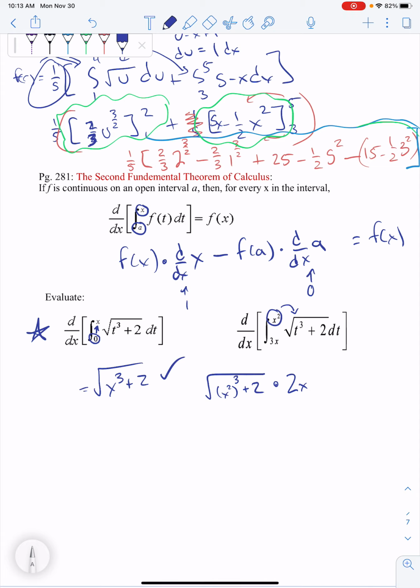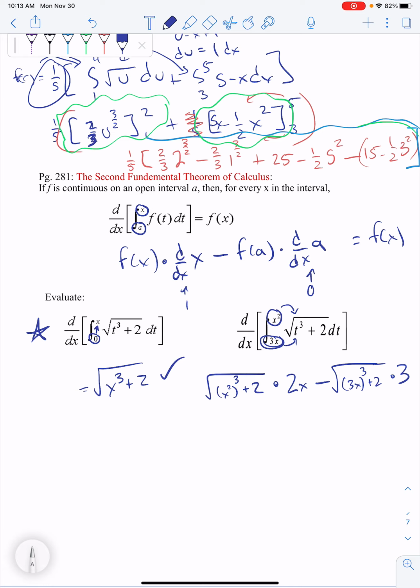That's my chain rule right there. And then I plug in the bottom, the square root of 3x cubed plus 2, but I also have to times that by the derivative of the bottom bound, 3.